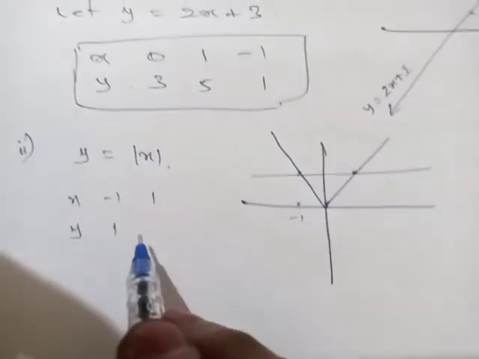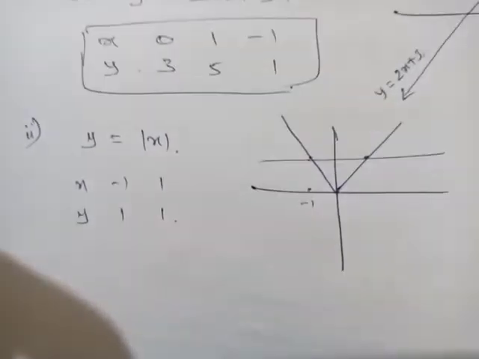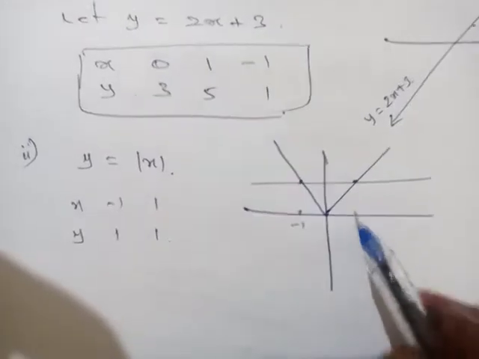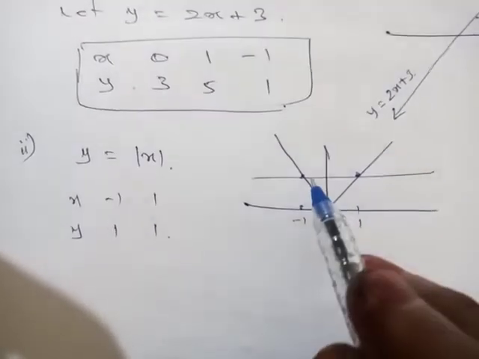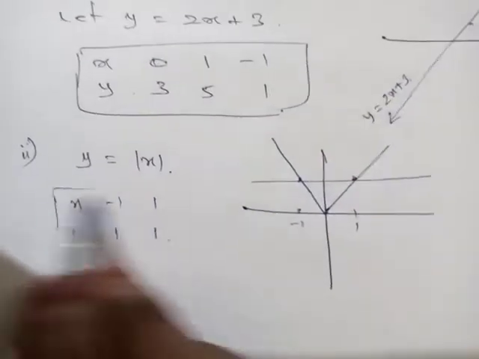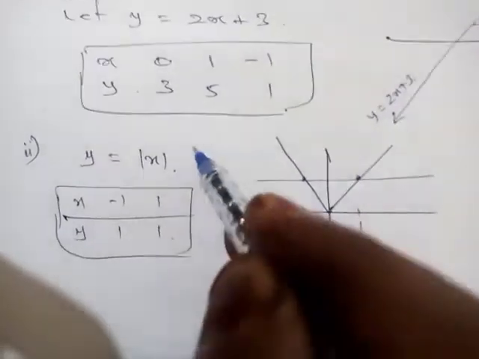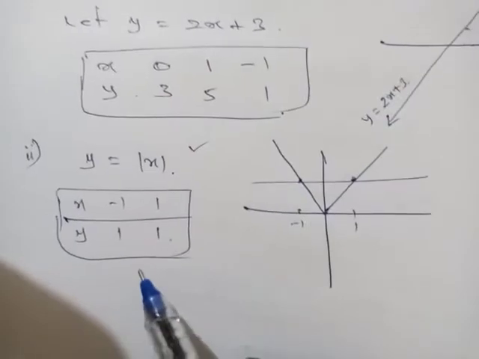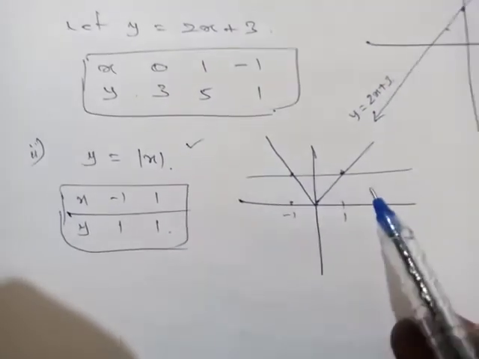If you substitute plus 1 also, the y value is plus 1. So for minus 1 also the y value is plus 1, and for plus 1 also the y value is plus 1. So this is not a one-one function. It is a many-one function. Therefore it does not have an inverse.